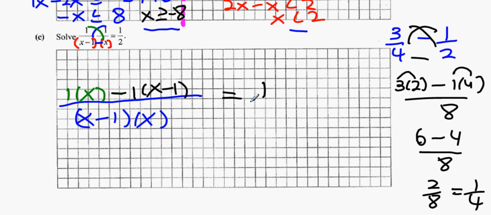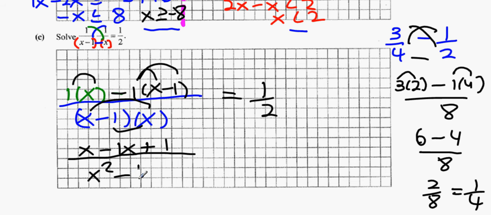Now we haven't done anything yet, so we're just going to multiply this out. What we're going to get is x minus 1, x minus 1 by minus 1 is plus 1. Then on the bottom we're going to multiply both these by x, and we're going to get x squared minus 1x. And that equals a half. Now what we're going to notice on this side is that the x's cancel with each other.